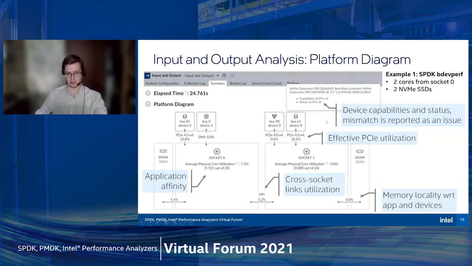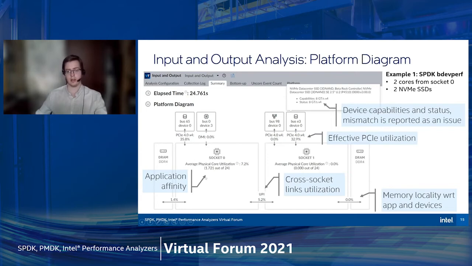And a mismatch of these two attributes is reported as an issue, because in case your device is configured with, for example, half the available width, it may significantly limit throughput and might be the reason for a performance issue. Also, you can detect a lot of topology-related problems just by looking at this picture, right?